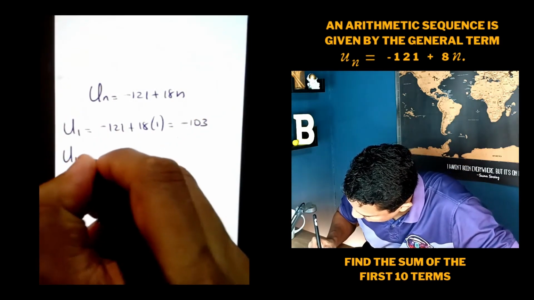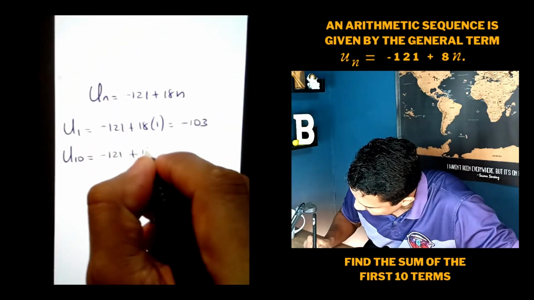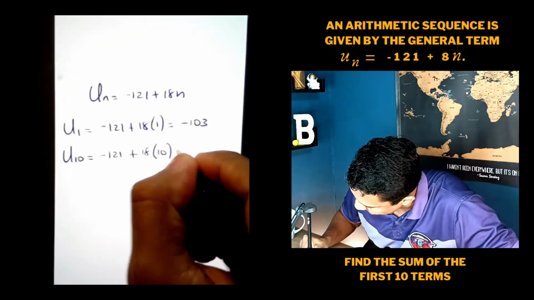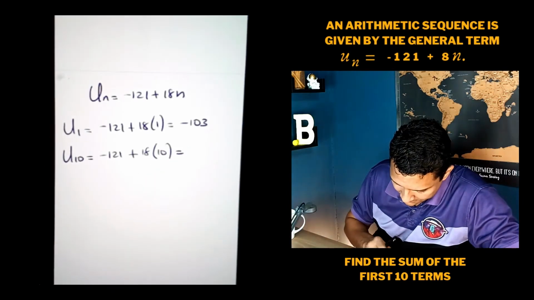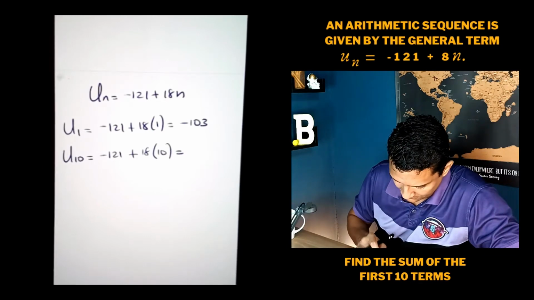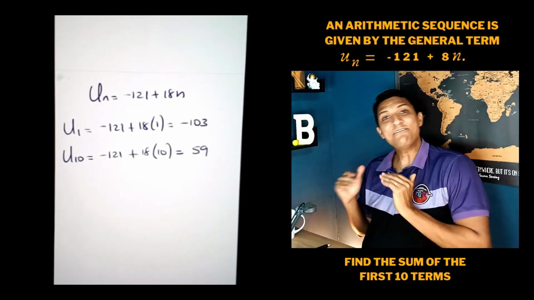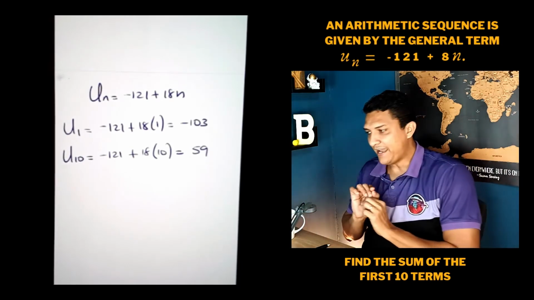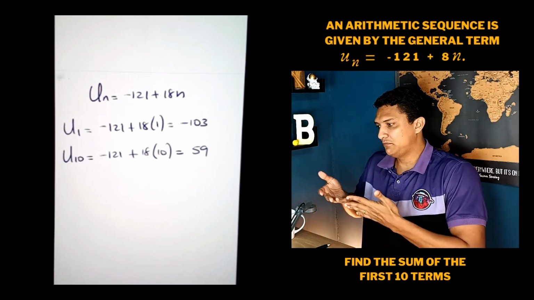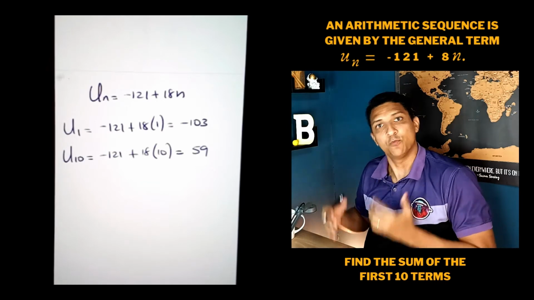And u10 is going to be negative 121 plus 18 times 10. I'm going to input that in the calculator. And that is 59. So notice that what I found is the first and the 10th term. And that is basically everything that I need for answering this problem with the formula.